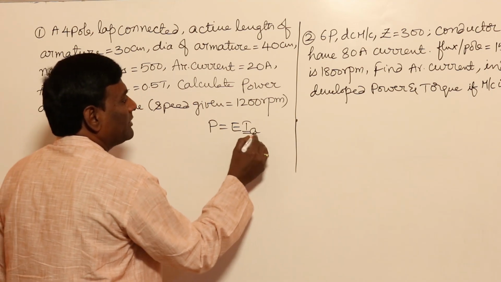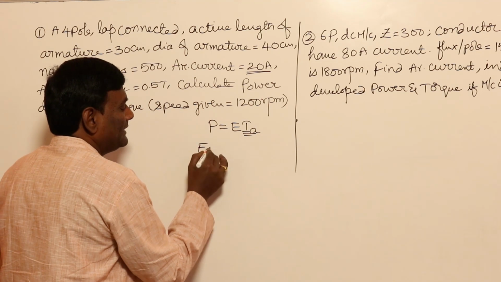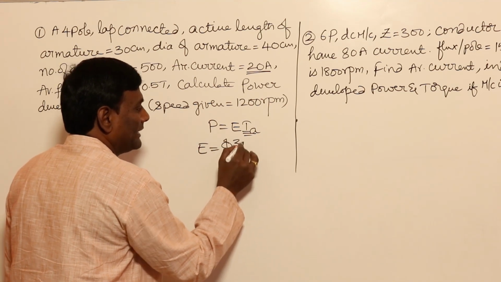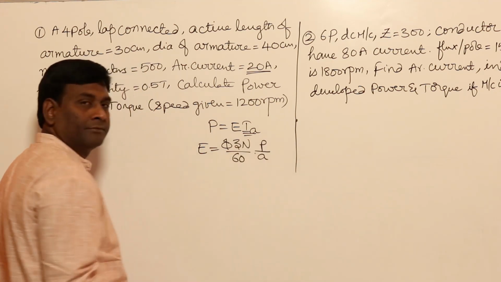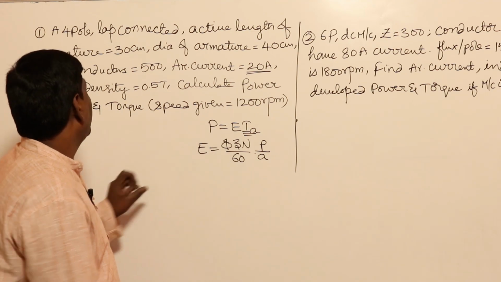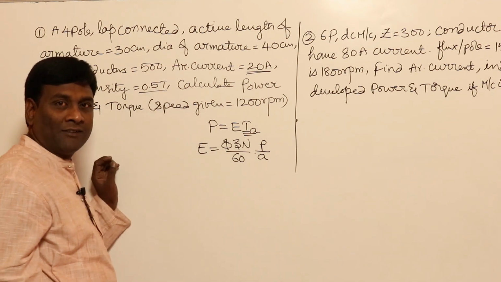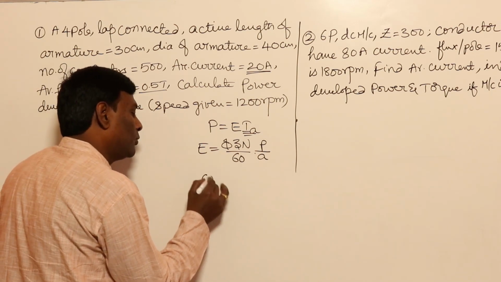Now IA they have given or not? Yes, 20 amperes. So what is E? E is nothing but phi Zn by 60 into P by A. In this phi, they have given or not? 0.5 Tesla. So from 0.5 Tesla flux density we are supposed to find average flux per pole. What is flux per pole?